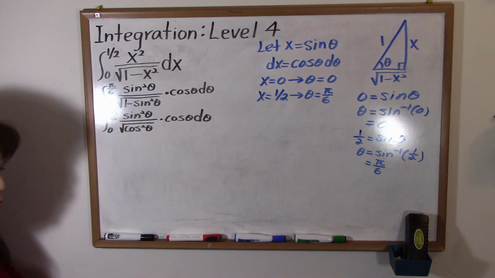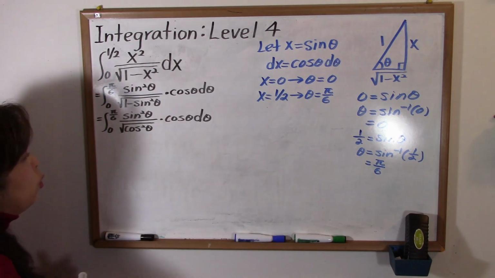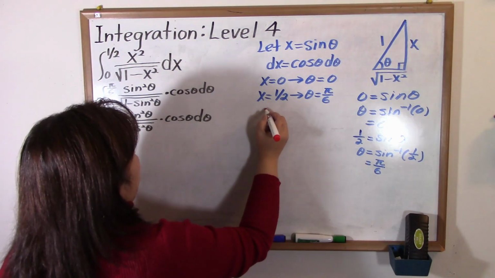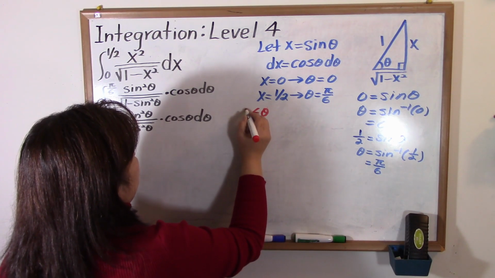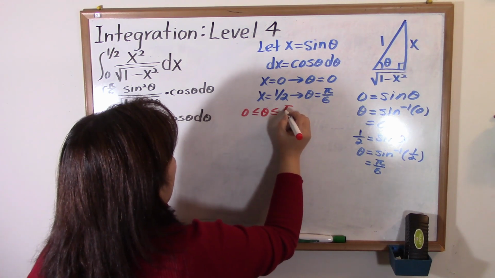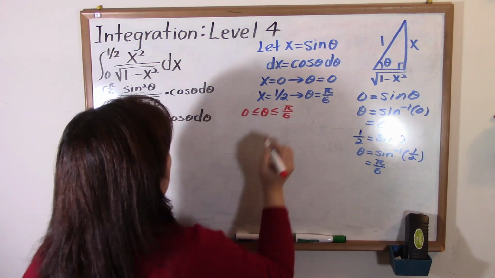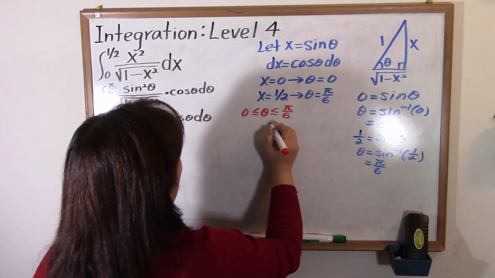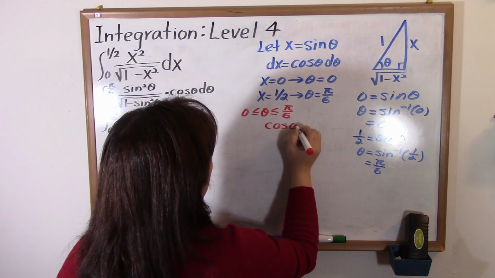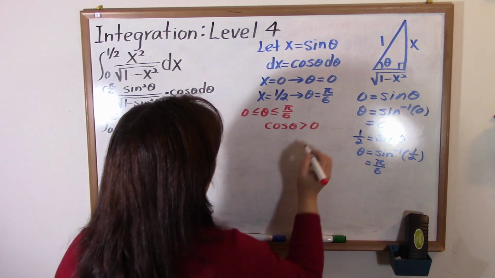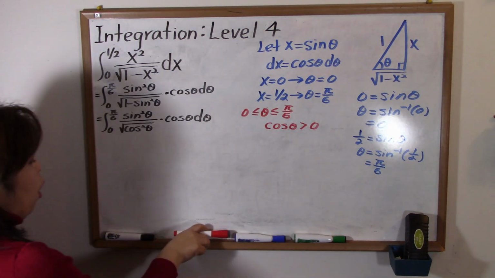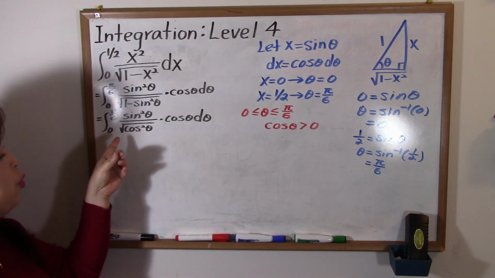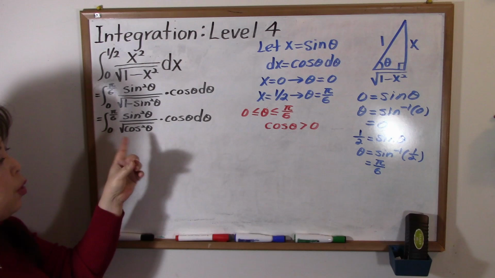Now we're going to check that cosine theta is positive. The domain of theta is from 0 to pi over 6, right? With respect to this domain, cosine theta is always positive. That's why we can take the square root, and the square root of cosine squared theta will be cosine theta.